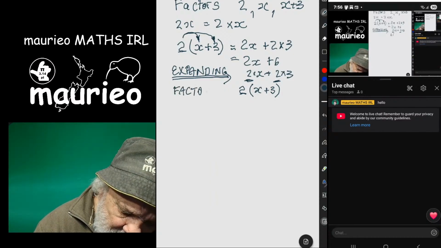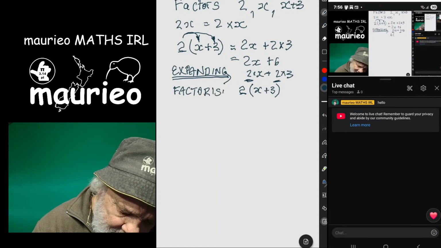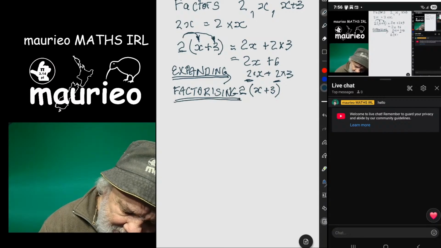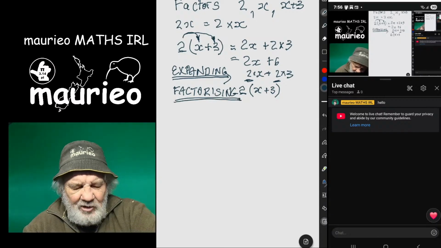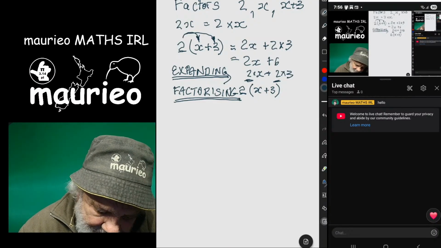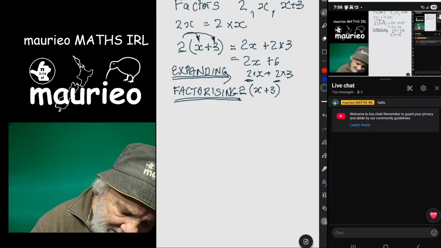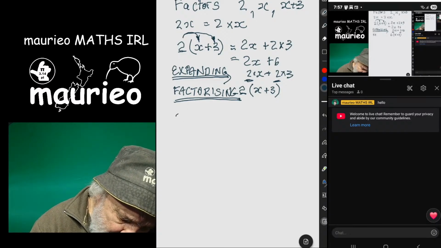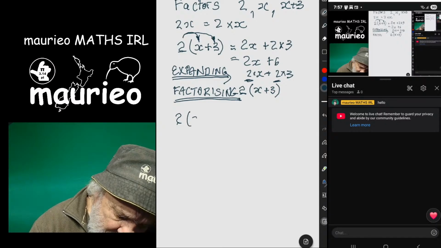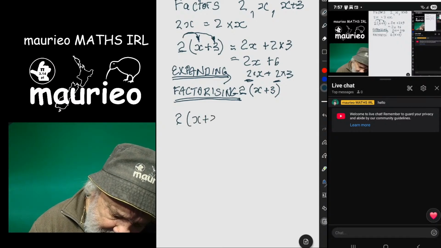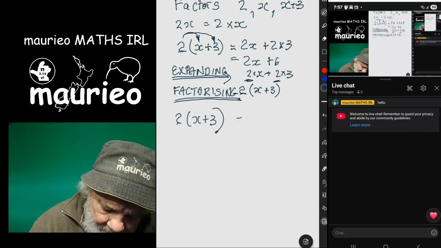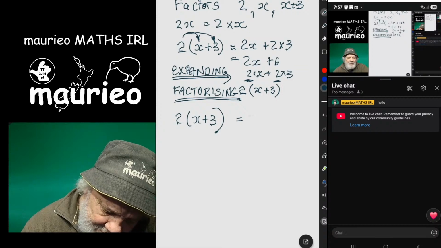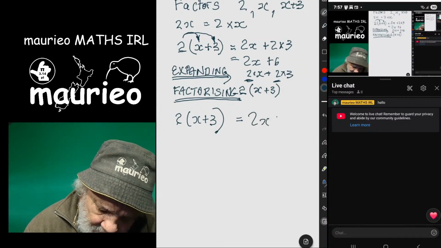But remember, it all relates to the numbers: 2 times x plus 3 equals 2x plus 6.